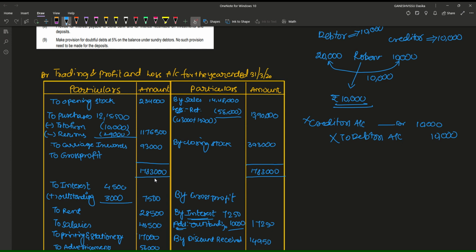minus 2 lakhs 34,000 minus 11 lakhs 76,500 minus 93,000, which is 2 lakhs 79,500.